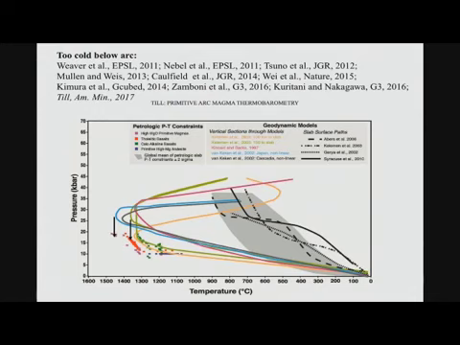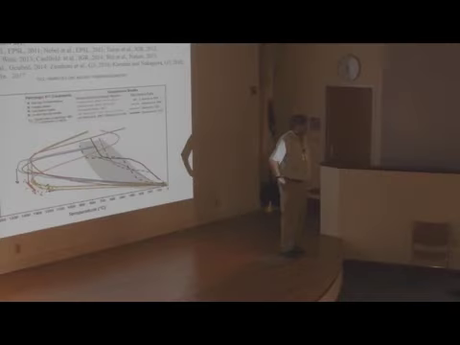Excellent. I was just thinking about, coming back to the point you made, the sampling that we have of the geological information about the PT trajectory of exhumed rocks. I think this is a very important issue, and I agree with Philippe that we may have a very partial sampling.